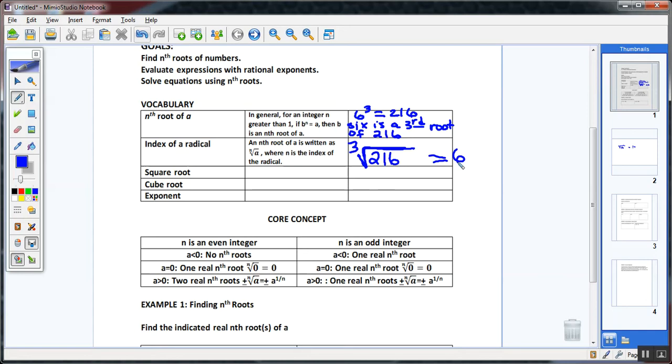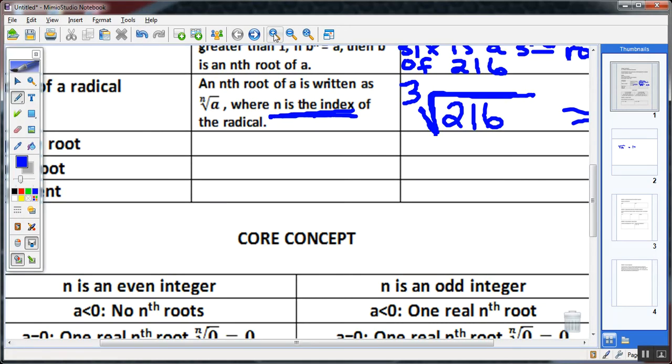So this number up here, an nth root of a is written as a root where n is called the what again, kids? Index of the radical. Okay. All right, we know what a square root is. As an example, maybe I have the square root of 25.